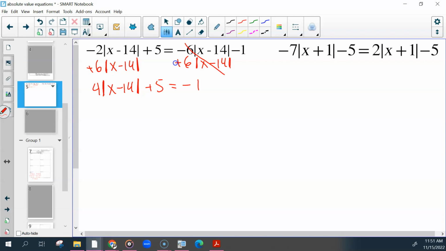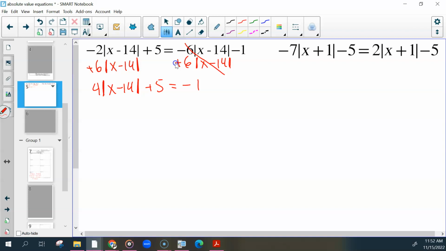So for the second one, same process. We need to get the insides on the same side. Doesn't matter how we do that. Which one do we want to move? The 2 or the -7? Doesn't matter. Okay.